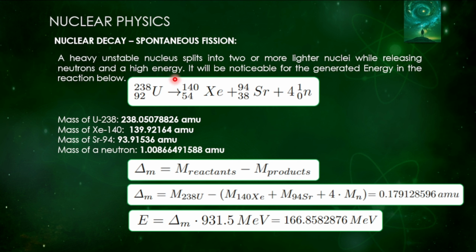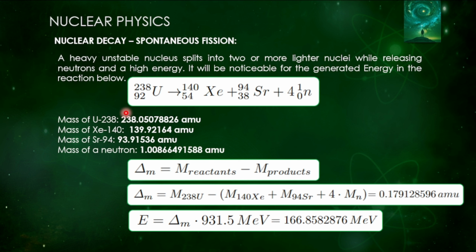When you have a uranium, for instance U-238 with atomic number 92, very unstable, it decays into lighter atoms such as xenon and strontium, while releasing 4 neutrons and very high energy. These neutrons can also trigger or bombard other atoms to cause a chain reaction, which leads to the huge explosion of a nuclear bomb.